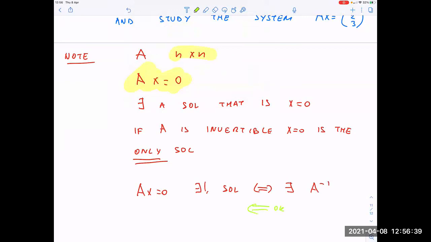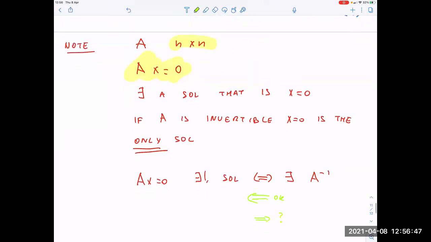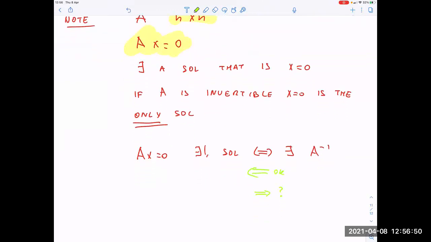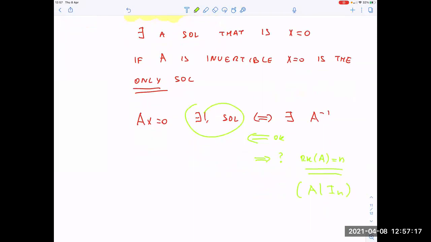It's just the definition, okay? Going backward requires the rank, because by the Rouché-Capelli theorem, existence of a unique solution means that the rank of A is equal to n. And from this, using the matrix A and I_n, you can find the inverse of A. And so A is invertible. So this is another way of seeing this, okay?